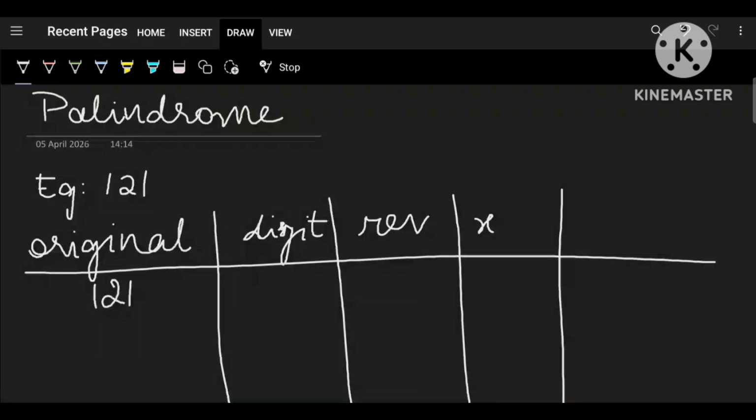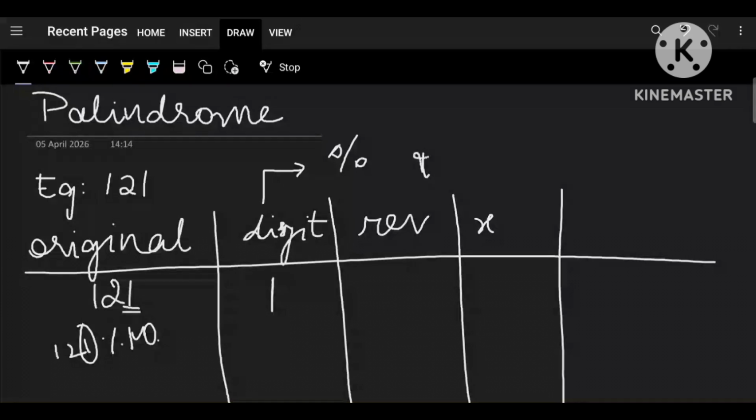Digit is taken by using the percentage symbol, that is the last digit of this. So 121 percentage 10, the remainder, so digit will be 1, and reverse is 1.